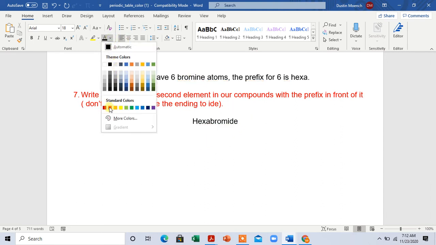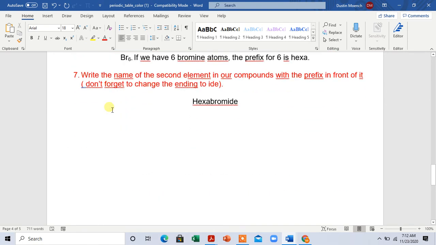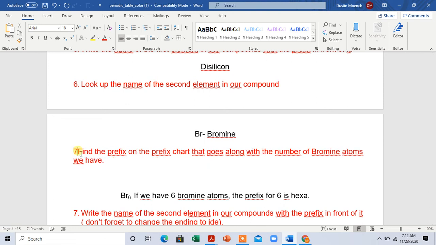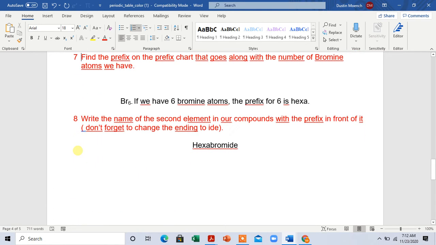Then lastly, step 8: combine the name for the first and second atoms together.